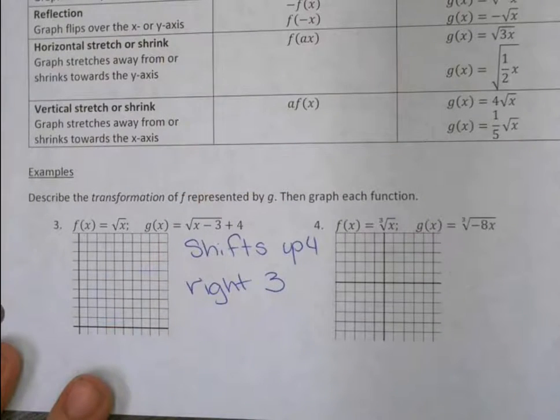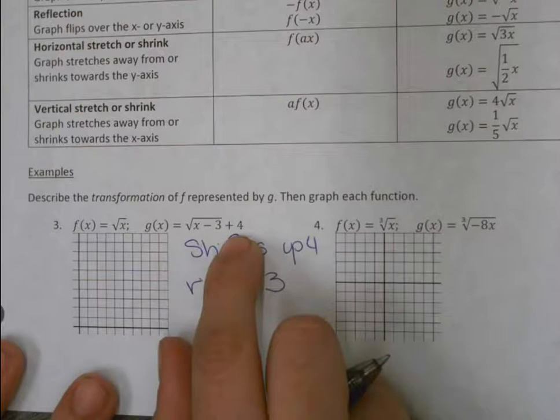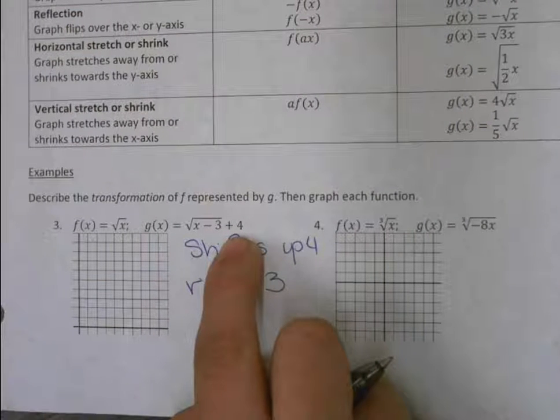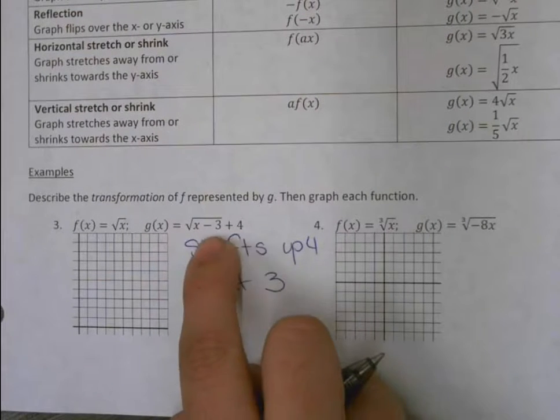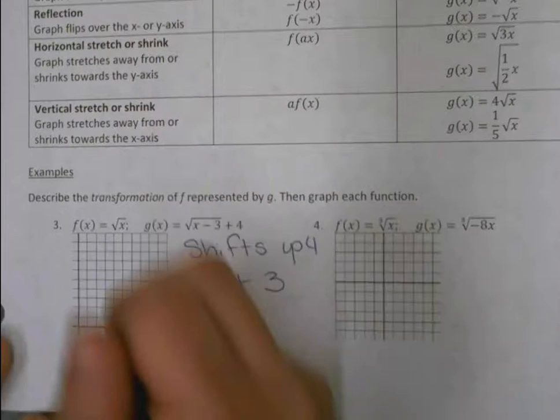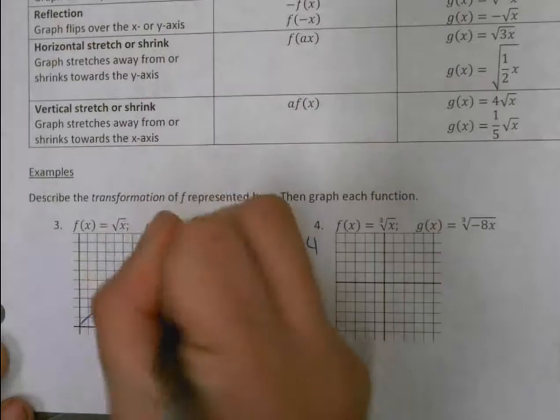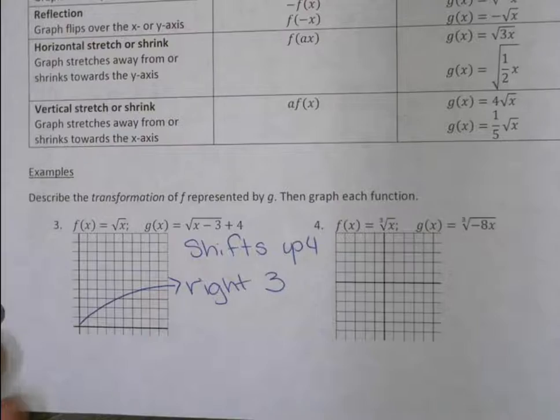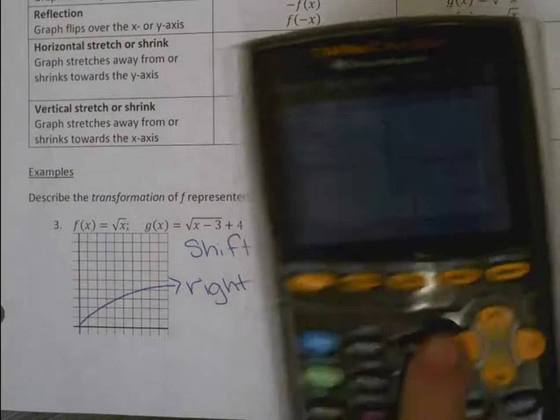Because she read it. So remember, numbers at the end go up and down. Numbers inside go left or right, opposite the sign. Then if I graph this, that's the f of x.